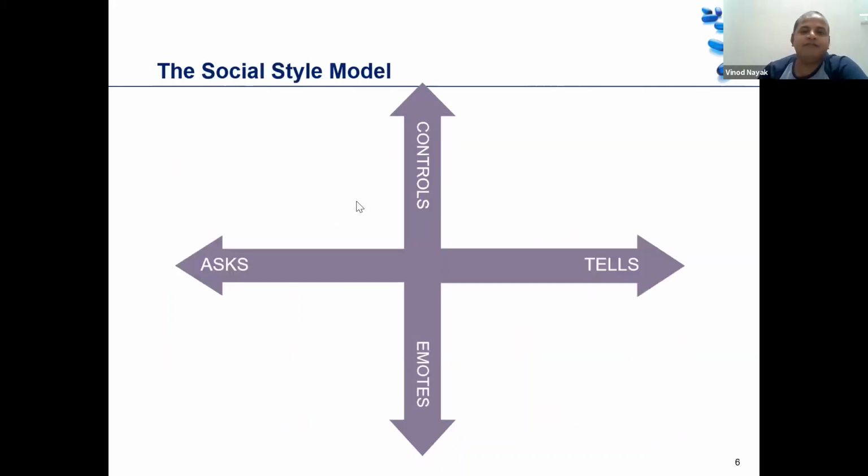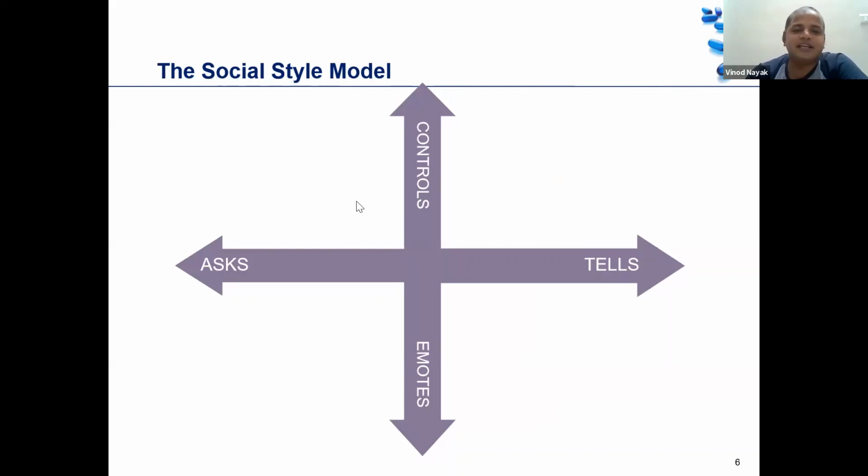The way we categorize it here, if you see the screen, is on four quadrants. The vertical axis talks about controls and emotions, and the horizontal one talks about asks and tells.